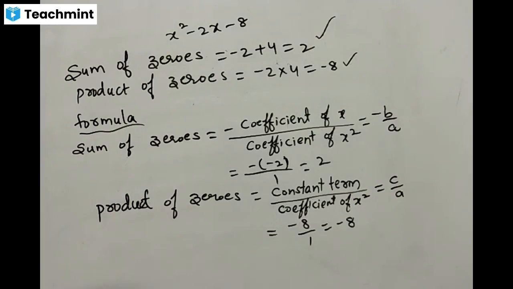Sir, in the second one I used the factorization method. In the factorization method, the zeros I got were minus 2 comma 6, sir. Second question? No, only 1 by 2.